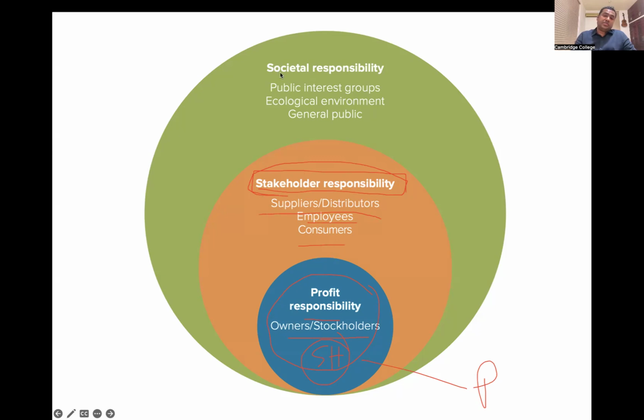Then the bigger concept is societal responsibility. So after you fulfill these, you can think about your philanthropy, the social responsibility, right? Spending money on societal, environmental activities. But if you try to do that without thinking about your stakeholders, or without thinking about your shareholders, then your business will fall flat.